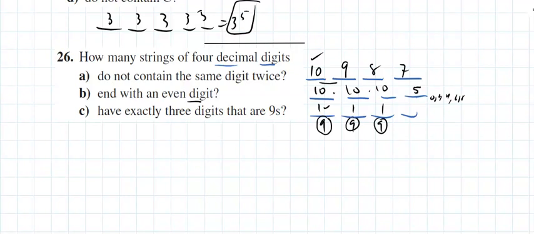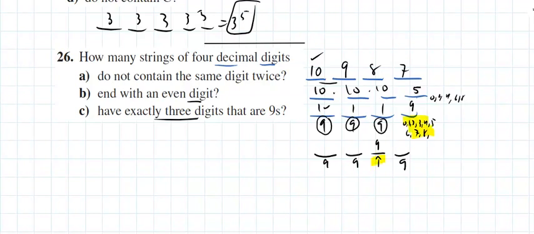And here you have really any number 0, 1, 2, 3, 4, 5, 6, 7, 8, but you can't have a 9 because you want exactly 3 9s. So here you have 9 choices, but you could have had a 9 there, a 9 there, and a 9 there. And this could have had the 9 choices. So let me color code those.